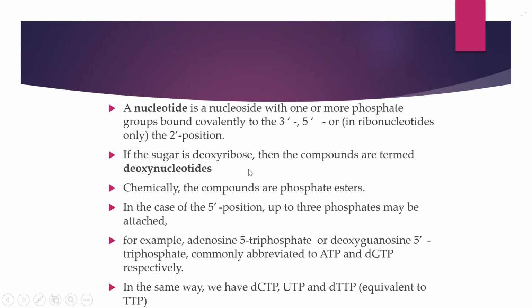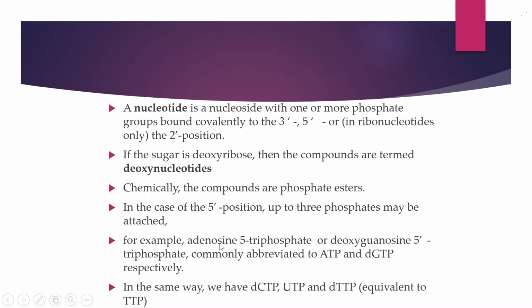If the sugar is deoxyribose, then these compounds are termed deoxyribonucleotides. And chemically, these nucleotides are the phosphate esters. In the case of 5' position, up to 3 phosphates may be attached. So one example what we looked at is adenosine 5-phosphate or deoxyguanosine 5-phosphate.